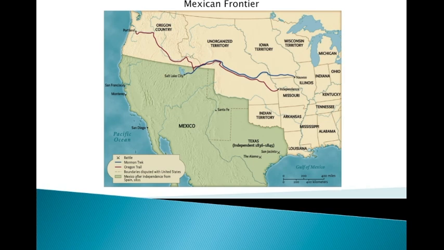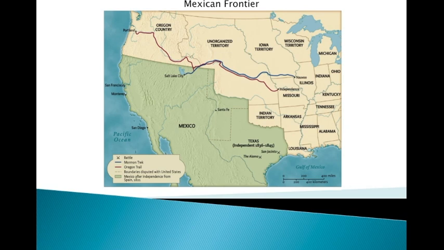So in other words, they wanted Texas to be annexed into America. Both Presidents Jackson and Van Buren wouldn't do it because of political concerns of adding another slave state to the Union. And that was a hot political issue at the time, so they didn't want to get involved.